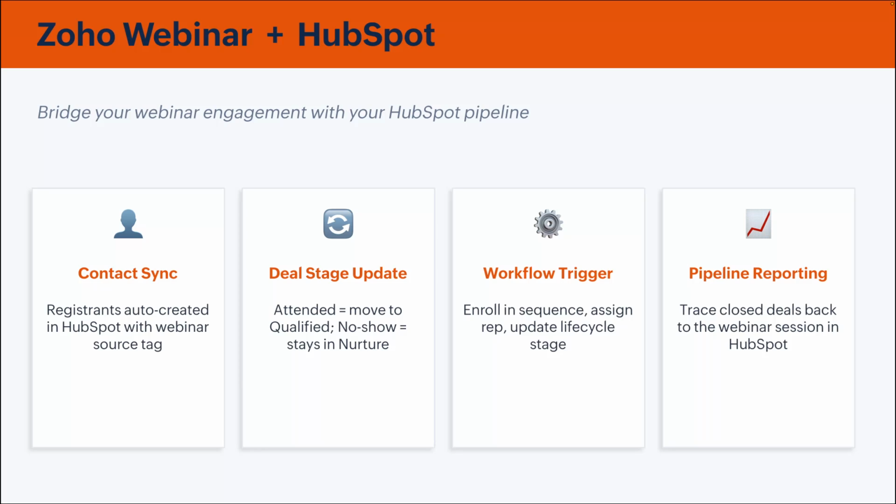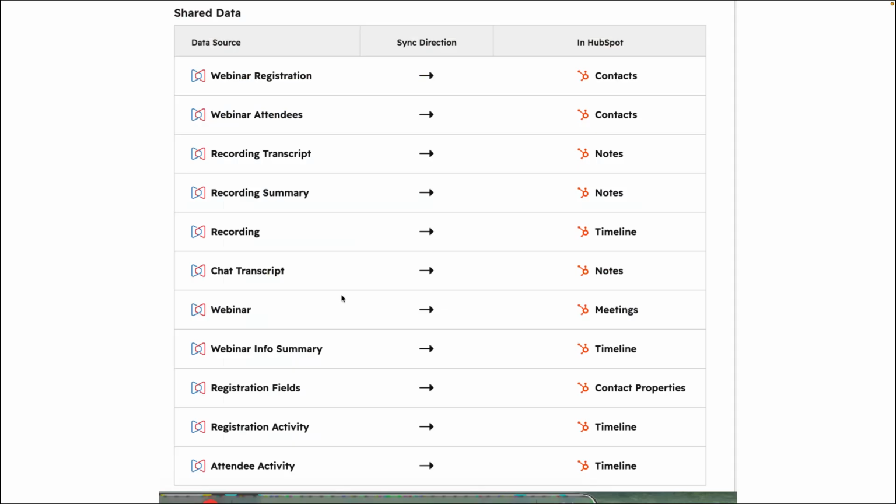Now, here is the data that flows into your HubSpot. So to list a few, we have the webinar registration. You can add it into your contacts. We have the webinar attendees, recording transcript, summary. We have the chat transcript going into the notes.